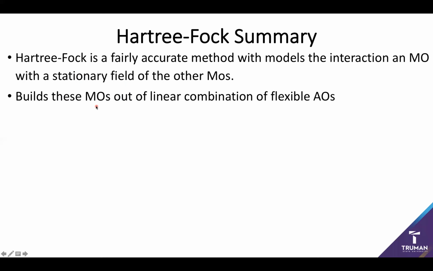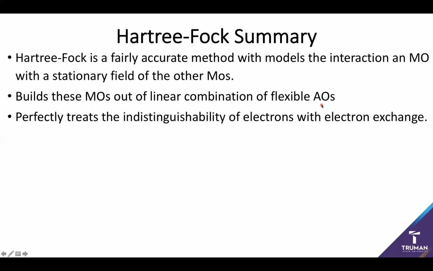And we can build our molecular orbitals out of a fairly flexible linear combination of our basic atomic orbitals and get a little bit more flexibility by using Gaussians to build up a more flexible version of our atomic orbitals. Most importantly, it perfectly treats the indistinguishability of electrons, so it allows electron exchange, which is a fairly hard phenomenon to encapsulate and is an important quantum mechanical principle.